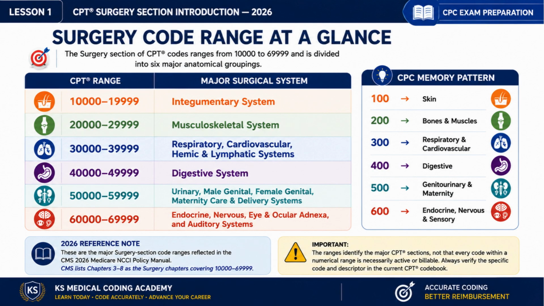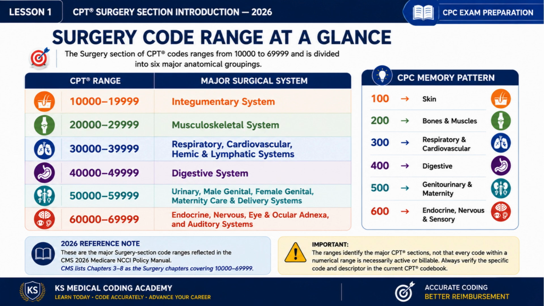Now let's look at the major CPT surgery code ranges. The surgery section spans 10,000 through 69,999 and is organized into 6 major anatomical groupings. 10,000 through 19,999 covers the integumentary system. 20,000 through 29,999 covers the musculoskeletal system. 30,000 through 39,999 covers the respiratory, cardiovascular, hemic, and lymphatic systems. 40,000 through 49,999 covers the digestive system. 50,000 through 59,999 covers the urinary system, male and female genital systems, and maternity care and delivery.